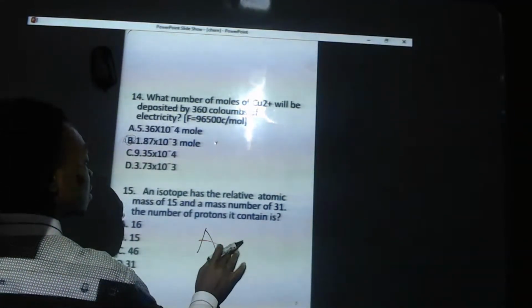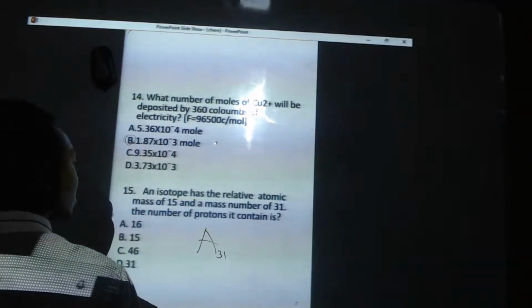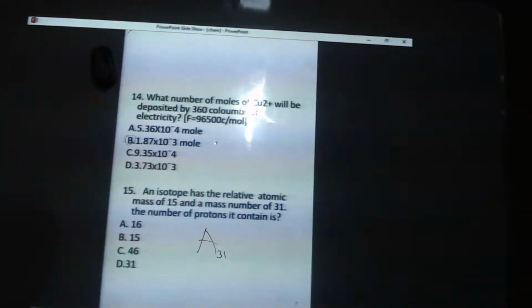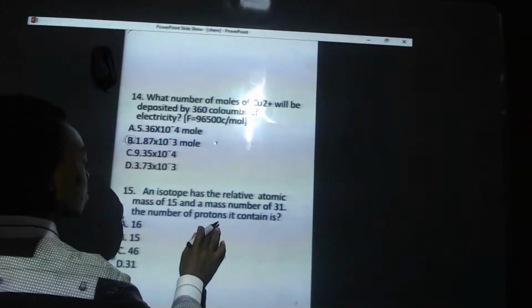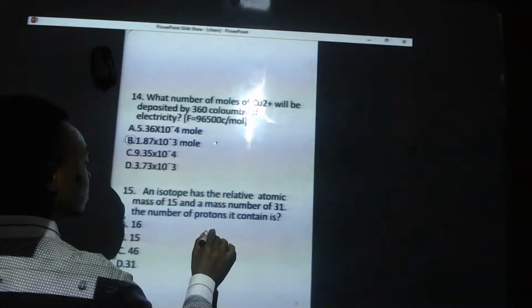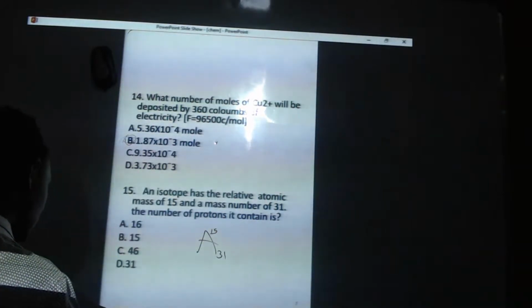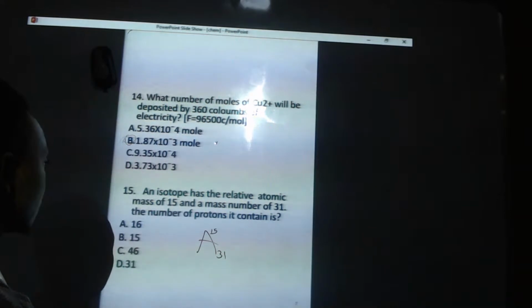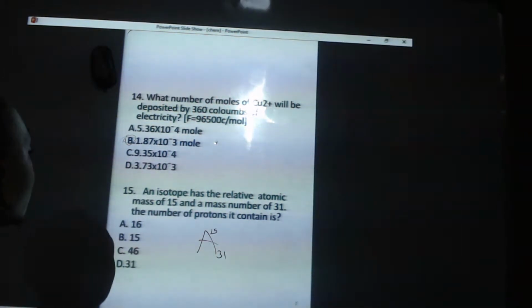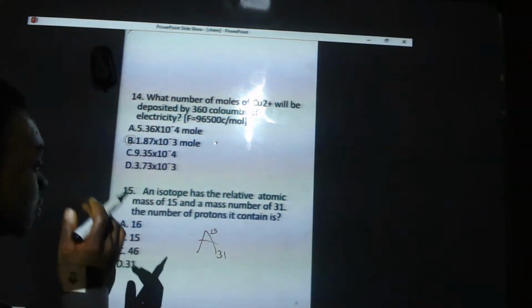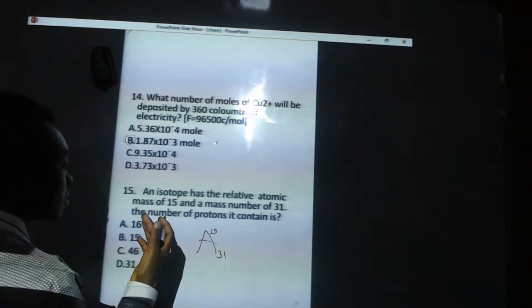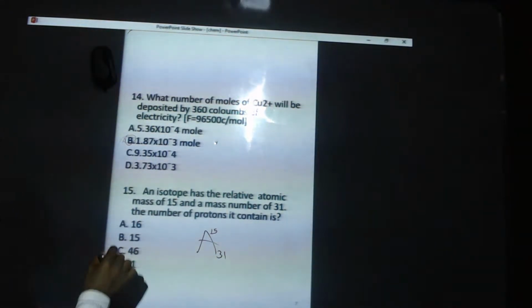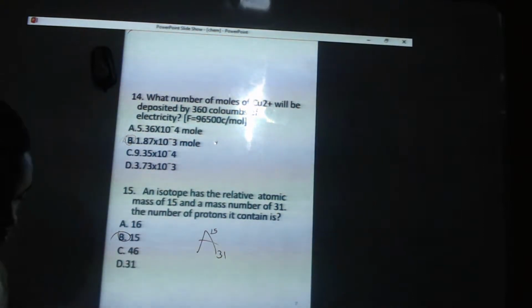The number of protons is the atomic number. So the atomic number here is 15 and the mass number is 31.